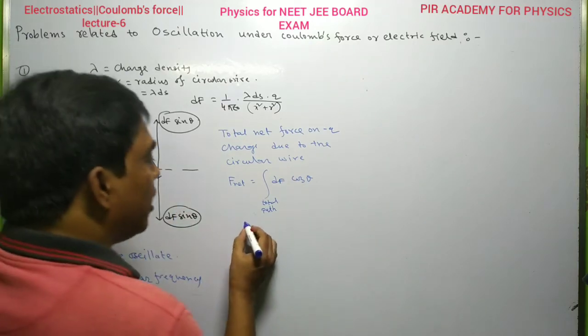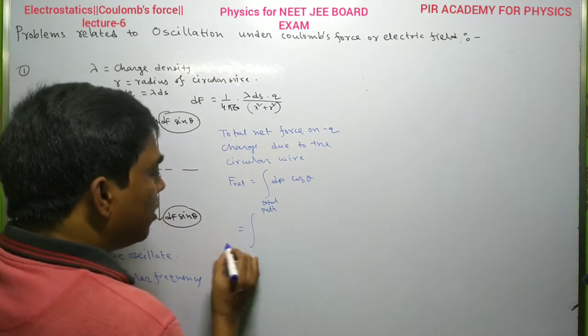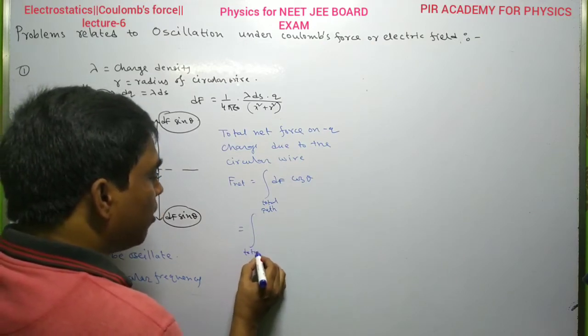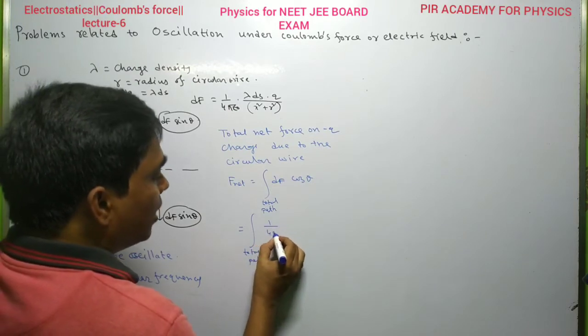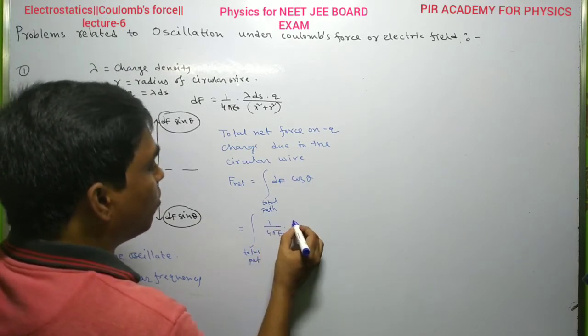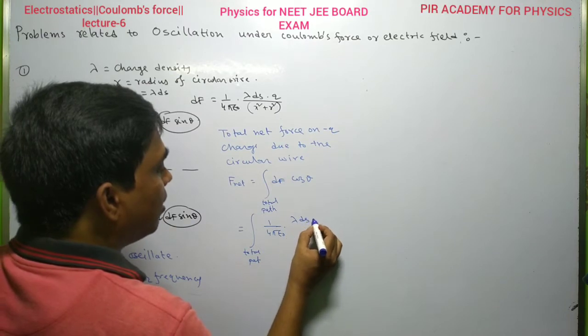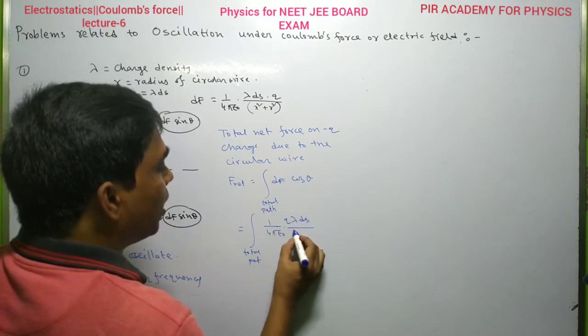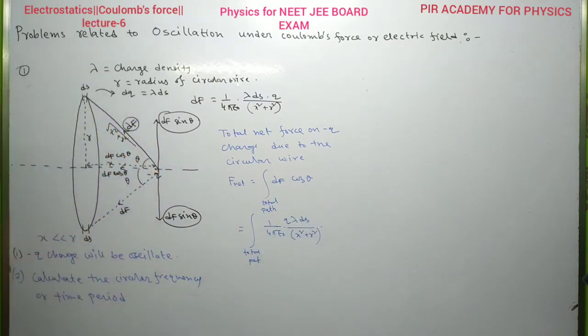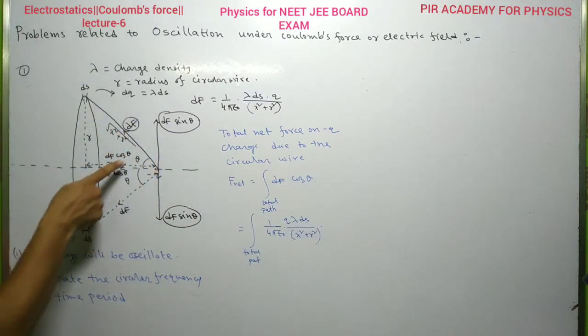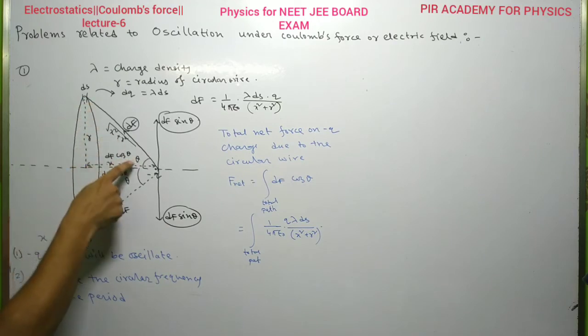Then if I put this value, that means the total path, df is 1 by 4 pi epsilon naught into lambda ds times q by x square plus r square, and here is cos theta. What is the cos theta? This is the triangle and this is the theta.